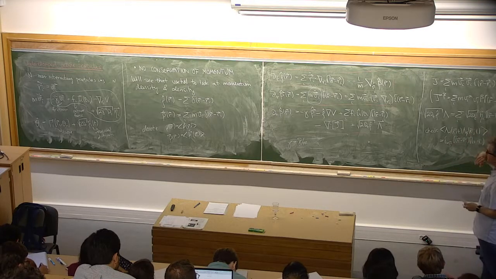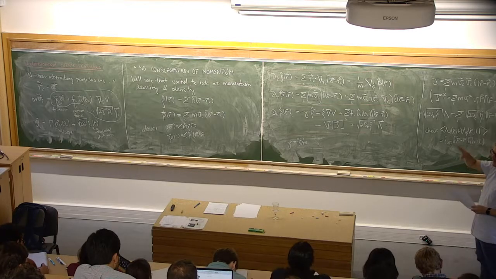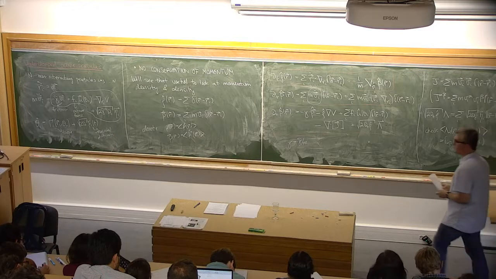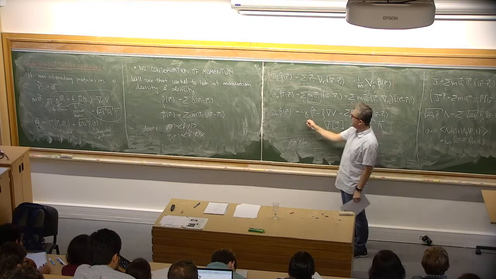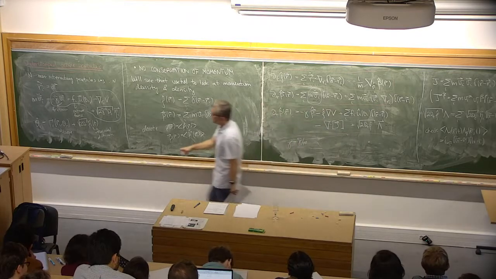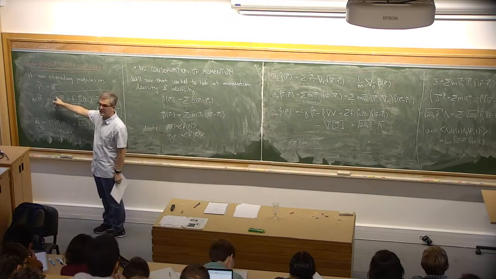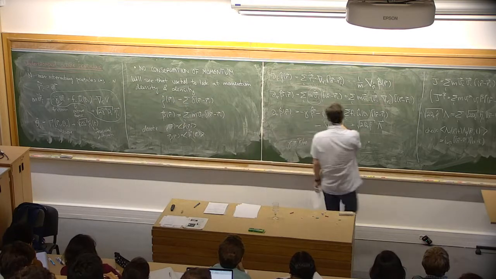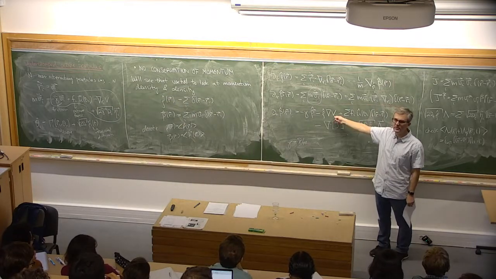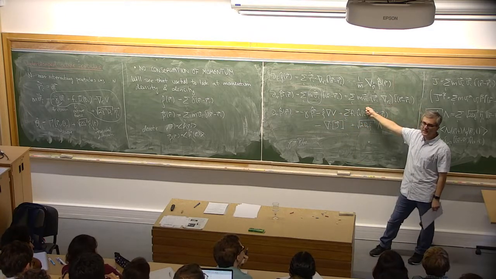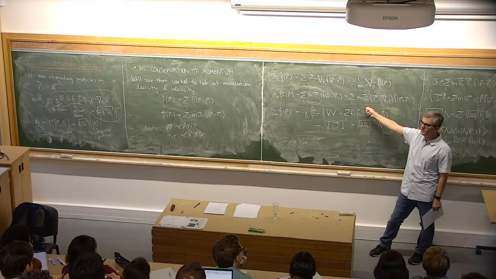Okay, so it looks a bit scary, but let me guide you through term by term. This guy is just losing momentum to the surface. This guy is losing momentum to the potential. This guy is the active force pumping in momentum.